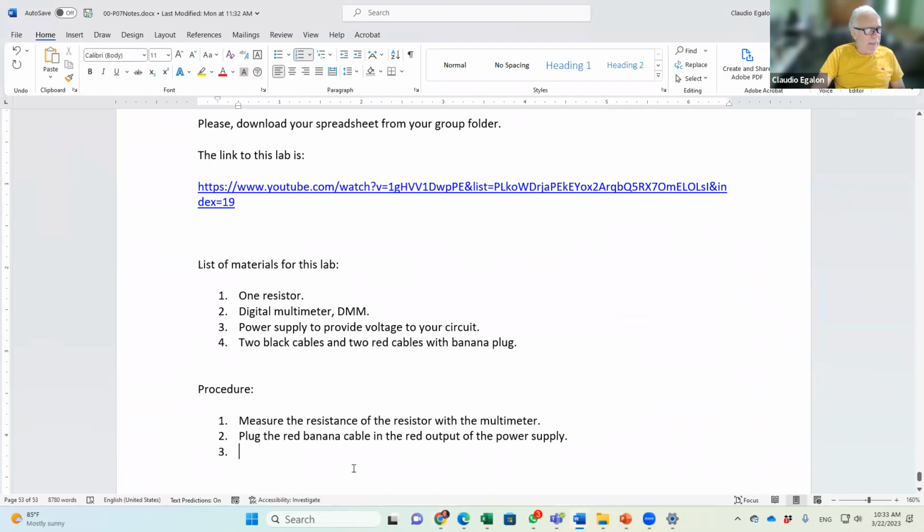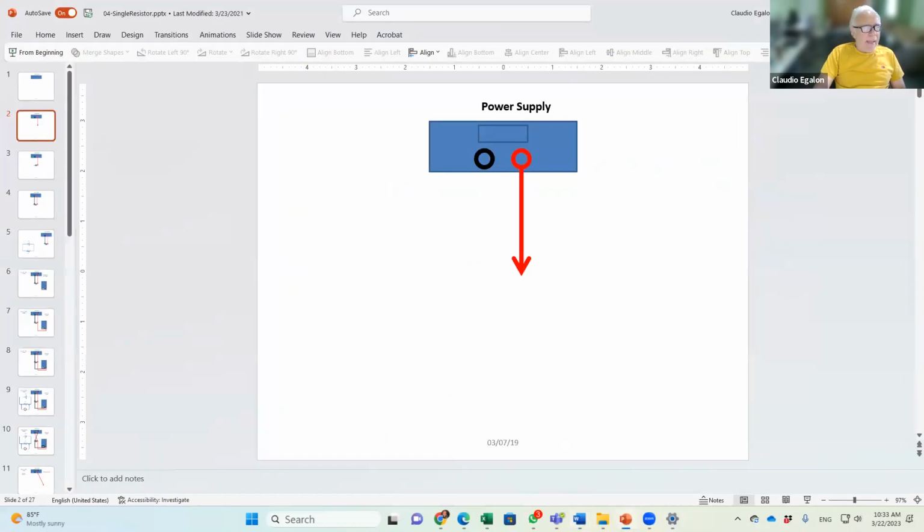Okay, plug the red banana cable into the red output of the power supply. That's what I have here, my red cable with my banana plug. Banana plug goes both sides, this side and the other one. The plug here is fit to house the banana cable. Here's my resistor.